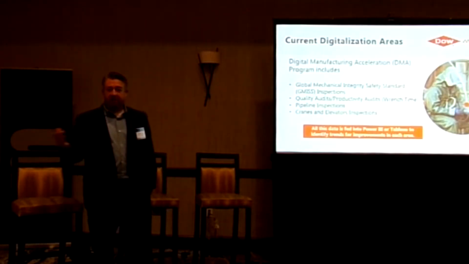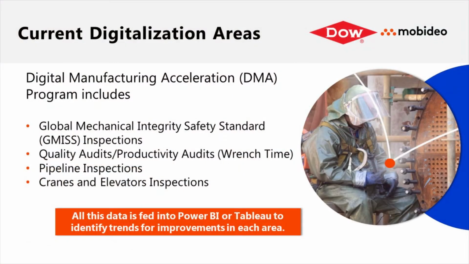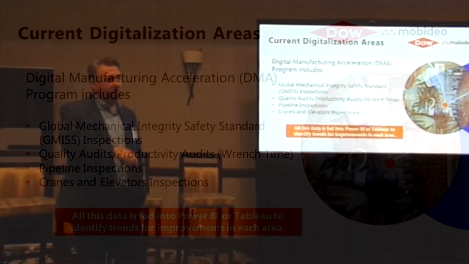The other areas, like Daniel said, where Dow uses Mobideo is global mechanical integrity safety inspections, some quality audits and productivity audits, wrench time data. We've been doing a lot of wrench time data on our turnarounds probably the last 5 years or so. Pipeline inspections, crane and elevator inspections. Those are areas I'm not as familiar with as I am with our EH&S observations, which we'll focus on today.